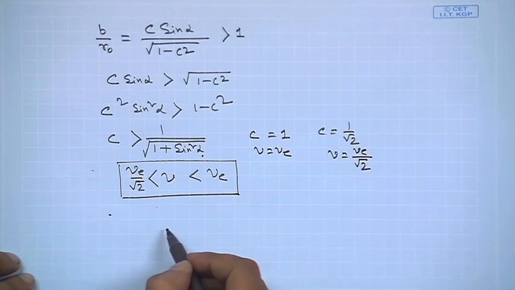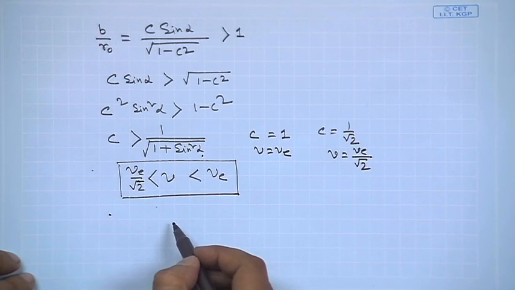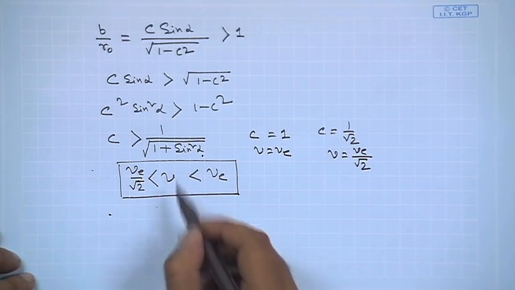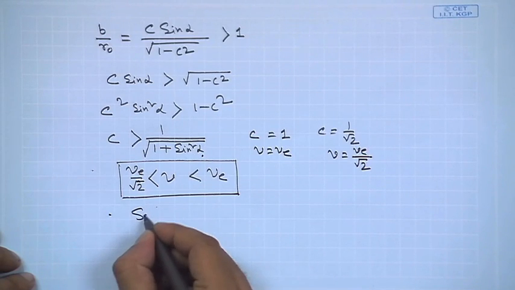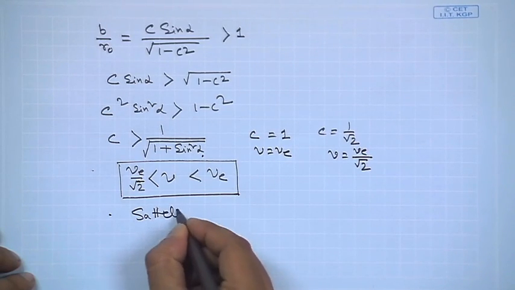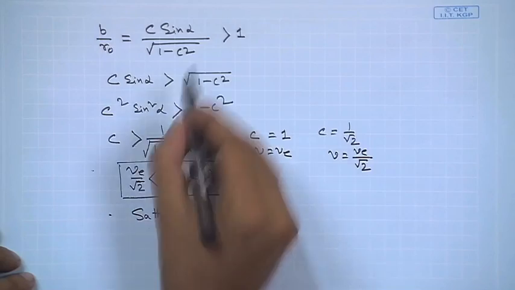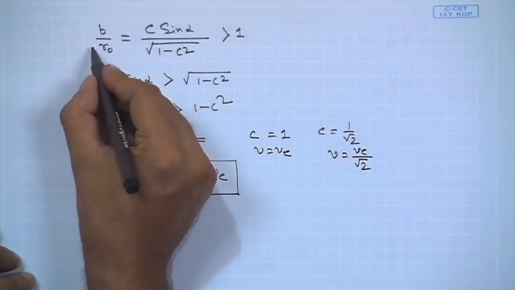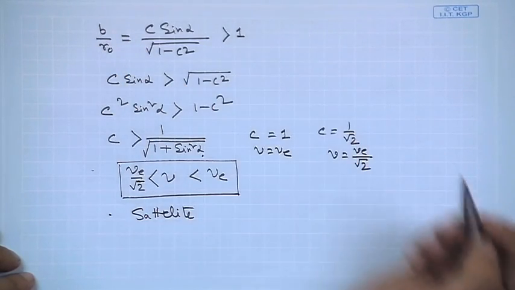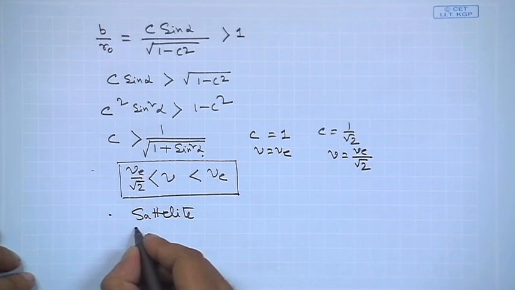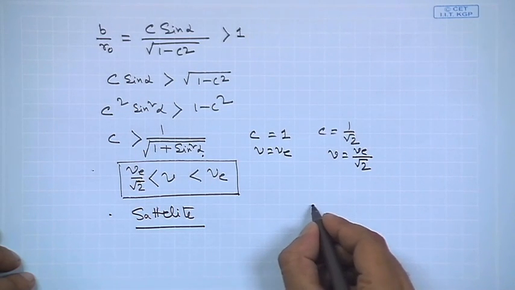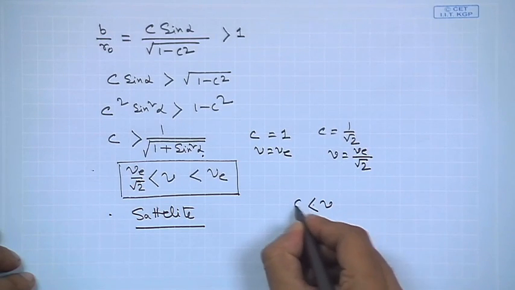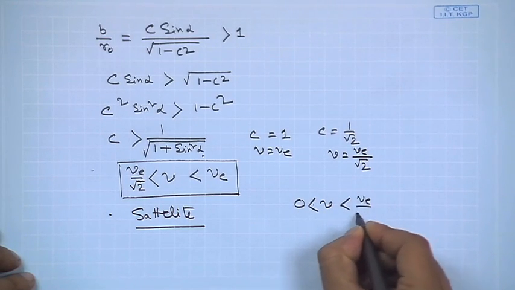So, if this particular condition is met, then we have a satellite. And if we go back here and set this ratio less than 1, we will similarly find out a range of V which is given by this.